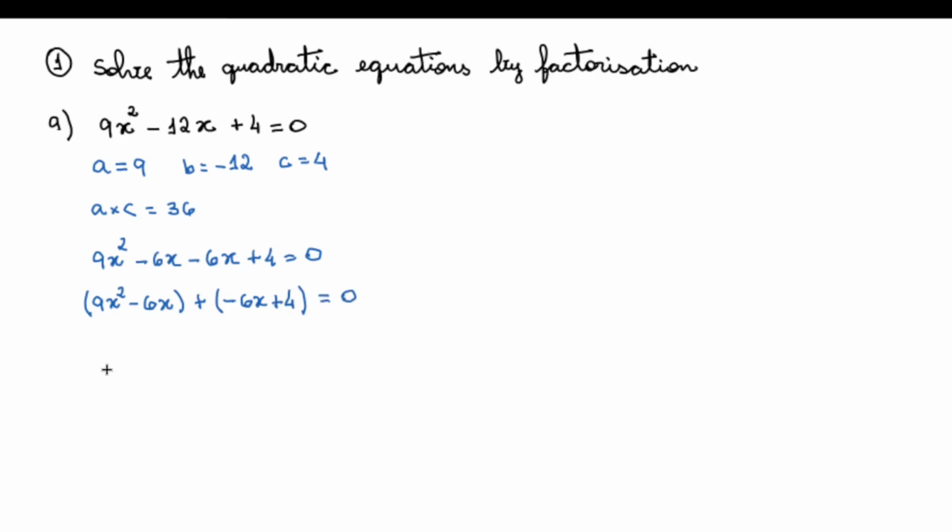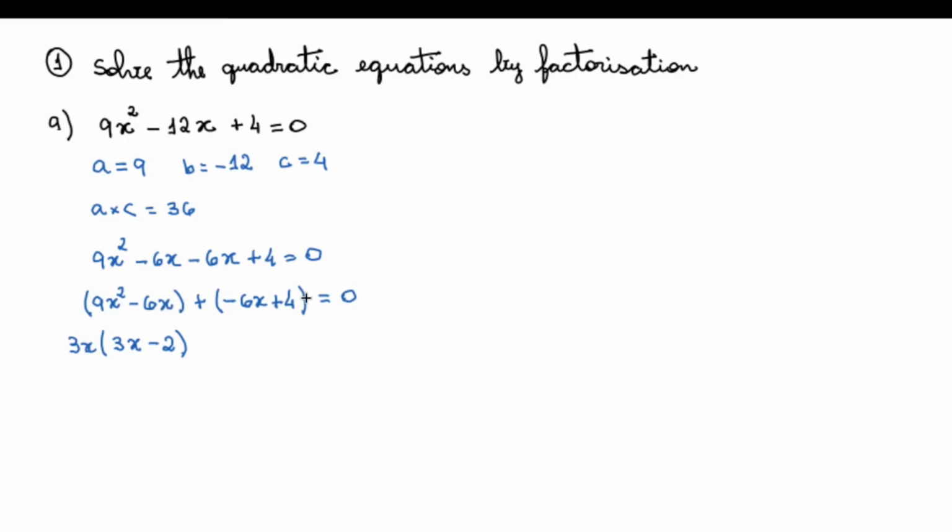We'll factor out the common factor from each pair. The first one is 3x times 3x minus 2. This is the result of 9x² minus 6x divided by 3x.